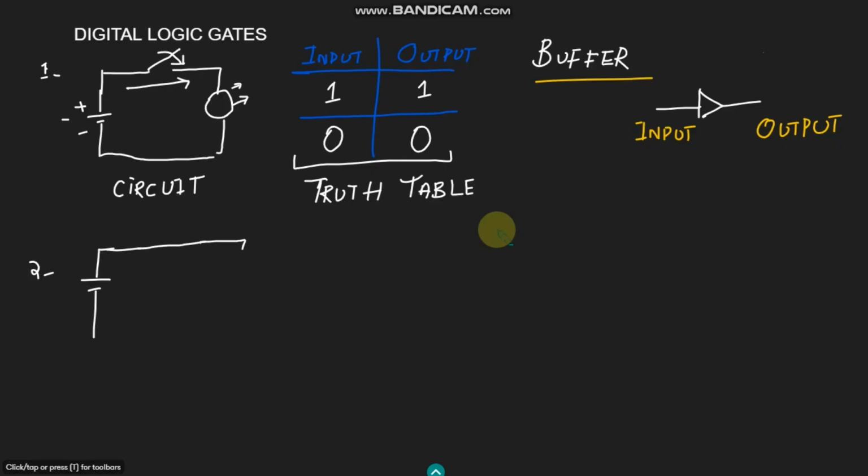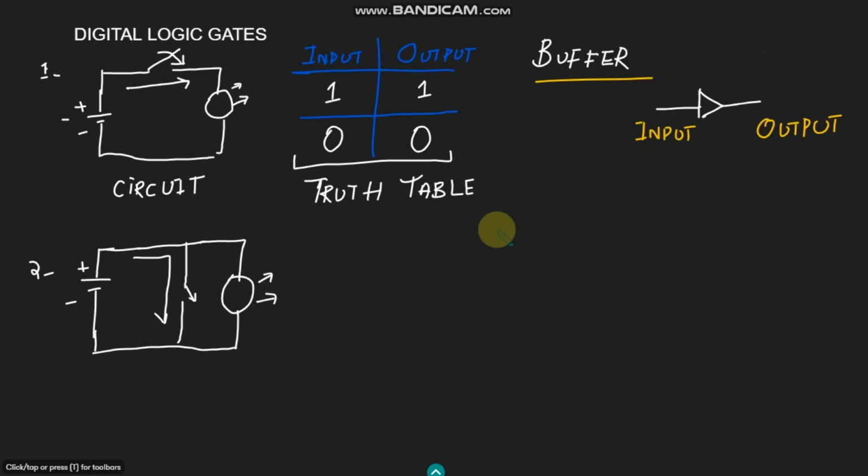Suppose we have a circuit like this, with a bulb, and it will always be on no matter what the input is. Now suppose I install a switch in parallel with it, in such a way that when it is turned on, all the current will flow through the switch and there will be no current across the bulb.